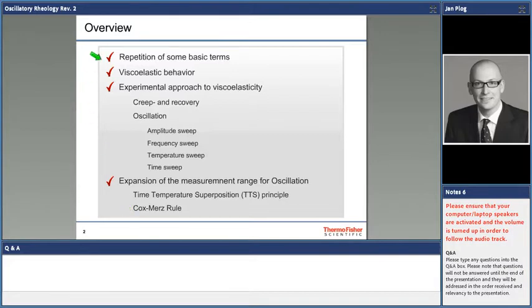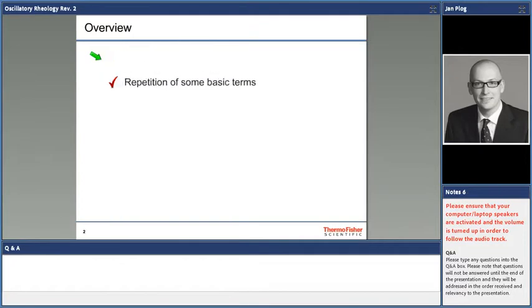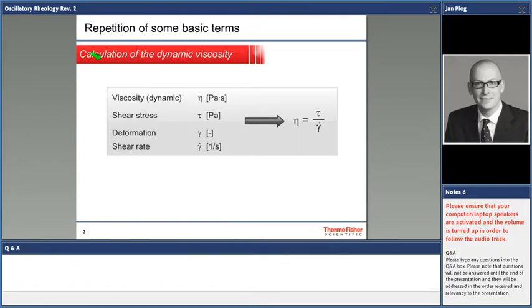All right, let's just jump into the basic terms again. Might be a good starting point for some of you. When people start to approach rheology, the first parameter they usually think about is the viscosity. What is the viscosity? The viscosity, defined by Newton's first law of flow, is nothing else but the ratio between the shear stress and the shear rate.